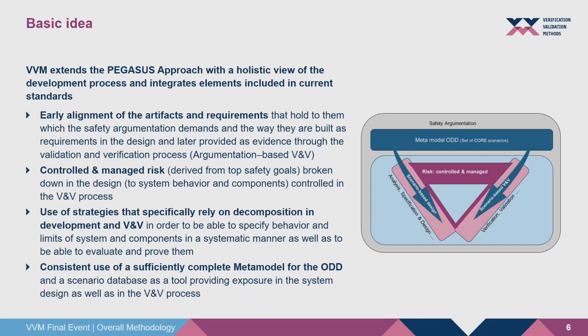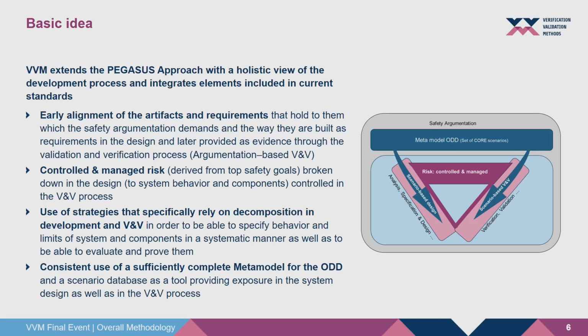So now coming to the basic idea of the VVM approach. So the idea of the VVM approach you see on the right side. On the right side, so the idea is an early alignment of the whole process to the needs of argumentation. It's the first step.